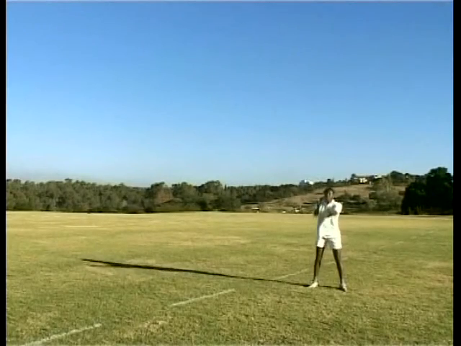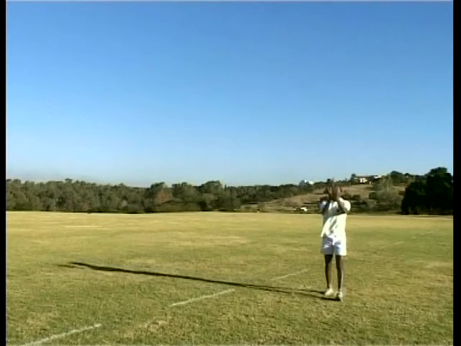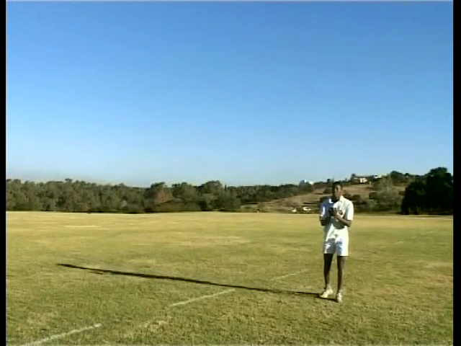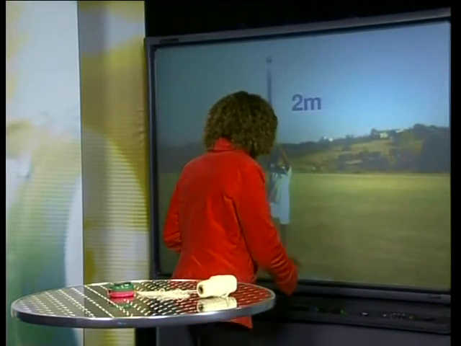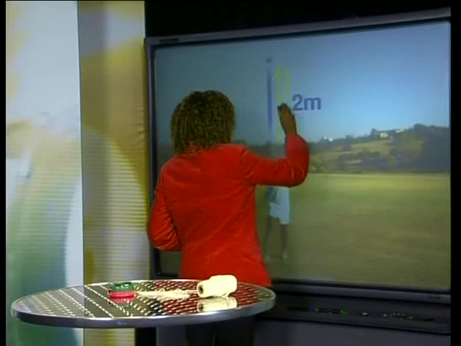Distance is the path length. It tells us how far the ball actually traveled. So, how far did the ball travel when it was thrown into the air? Let's calculate the distance that it moved. The ball traveled up 2 meters and another 2 meters down. So the length of the path traveled by the ball is 4 meters.